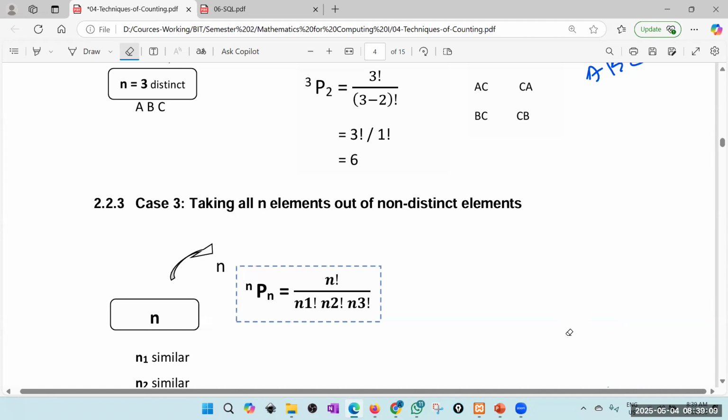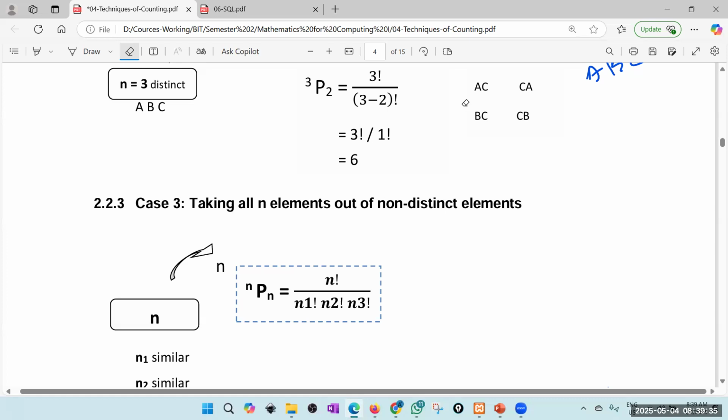Third scenario, if we have n non-distinct elements, and you take all n elements and arrange linearly, how many ways can we arrange? So my question is, which possible scenario did we skip? Because when you learn something, you must know what you learned and what you didn't learn.